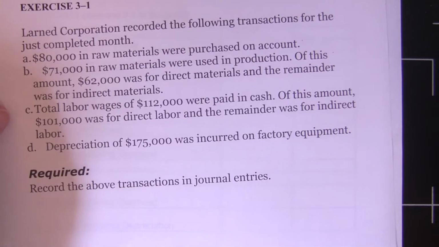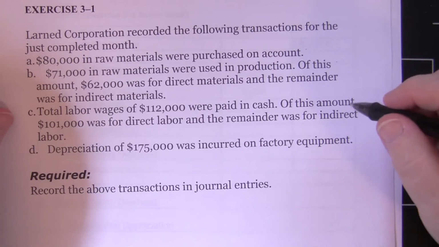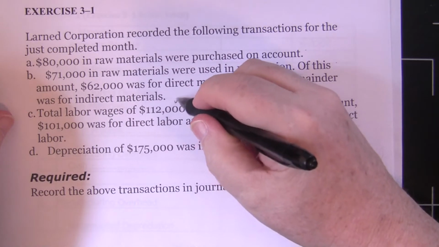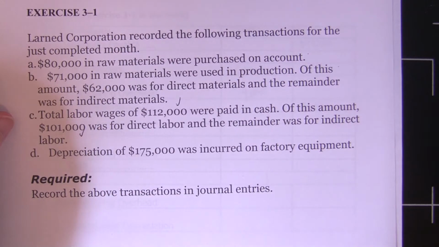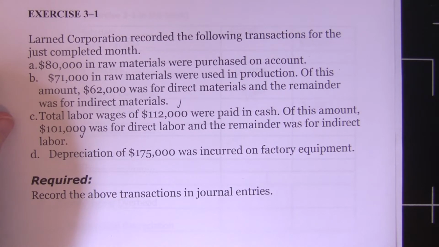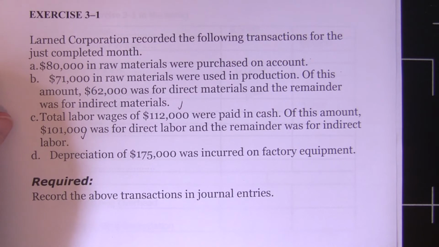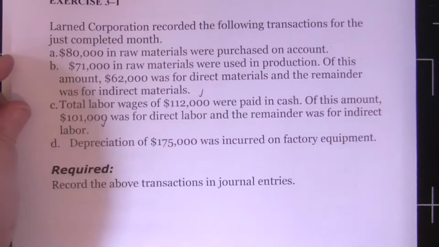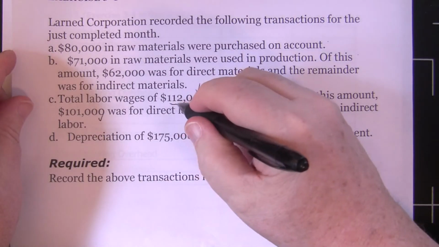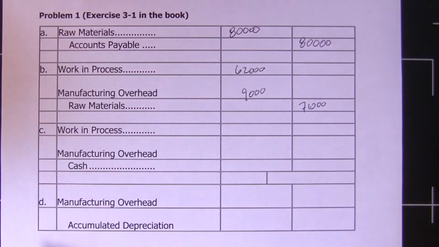The next thing it tells us is total wages were paid of $112,000, and $101,000 was for direct labor. So again, we have some for direct labor, some for indirect labor. But we know the total was $112,000. So let's start with that.